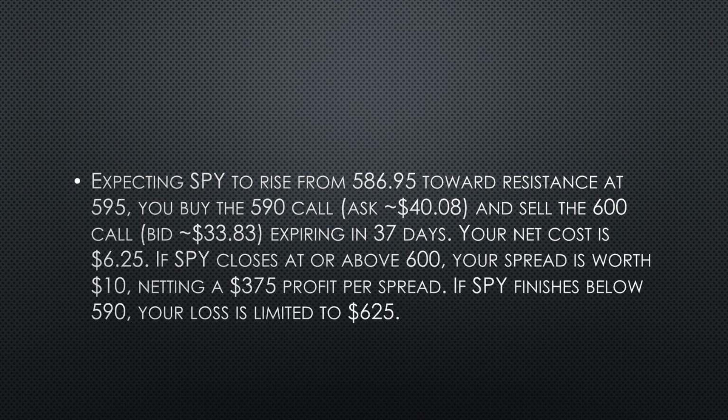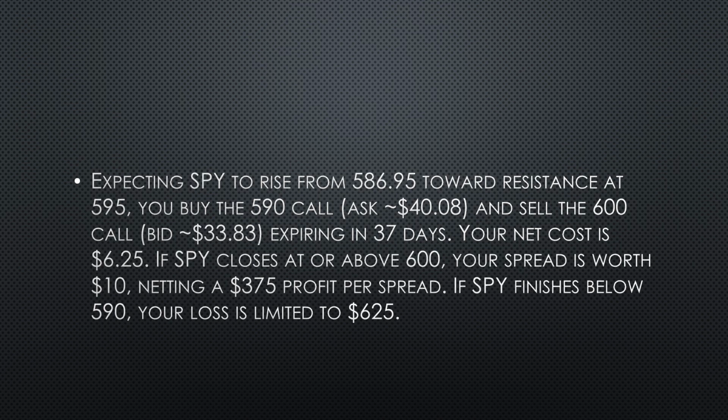Expecting SPY to rise from 586.95 towards resistance at 595, you buy the 590 call at the ask, which at the time was 40.08, and sell the 600 call at the bid, at the time 33.83, expiring in 37 days. Your net cost is $625.